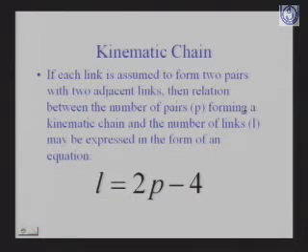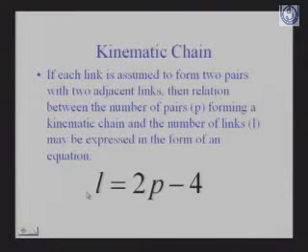Now every link or every chain cannot be called a kinematic chain. There is some rule which we have to follow, and if the chain satisfies this rule, then this chain is called a kinematic chain.